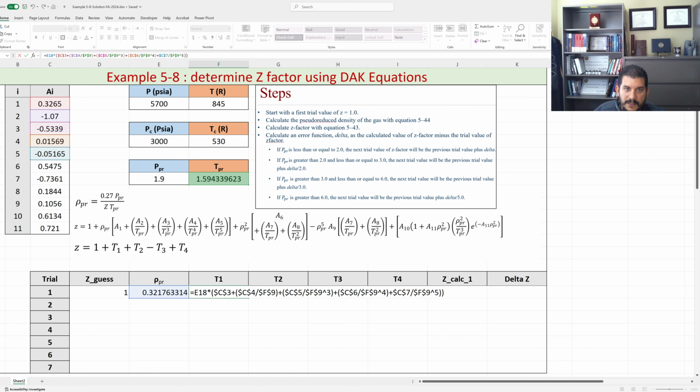Now I feel that I missed one of the locks, so let's check. It's the density, which is E18, right there, times, okay, all of them are locked. So in this equation, everything will be locked except the pseudo-reduced density. Okay, so now I can press enter. Now it gives me an error, so I have a problem with the parentheses.